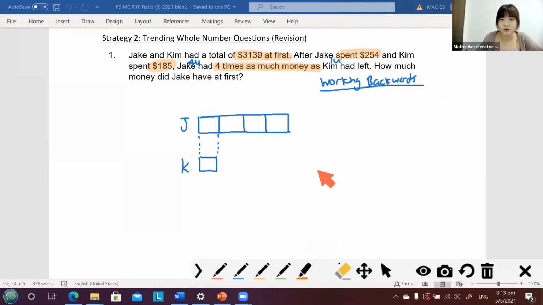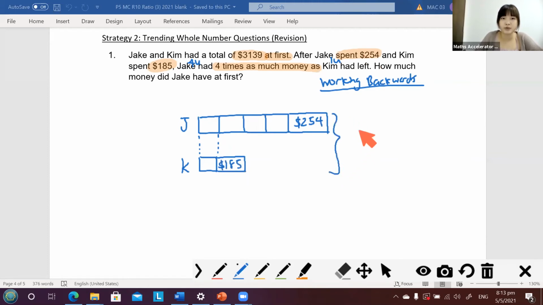Okay, so what happened in between? Jake spent 254 before he ended up like this. So you go and add back the 254. Okay, and Kim spent 185. Then she was left with the 1 unit here. So go and add back, okay, the 185.